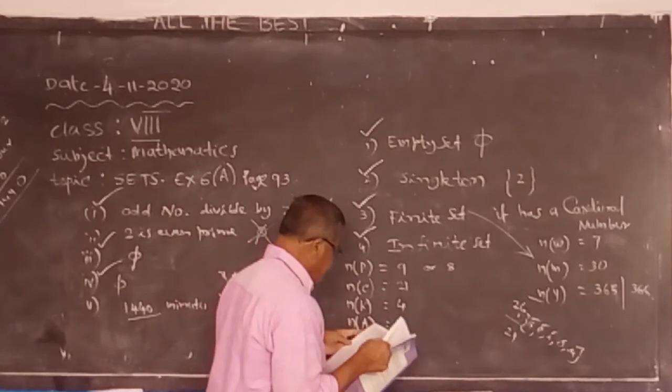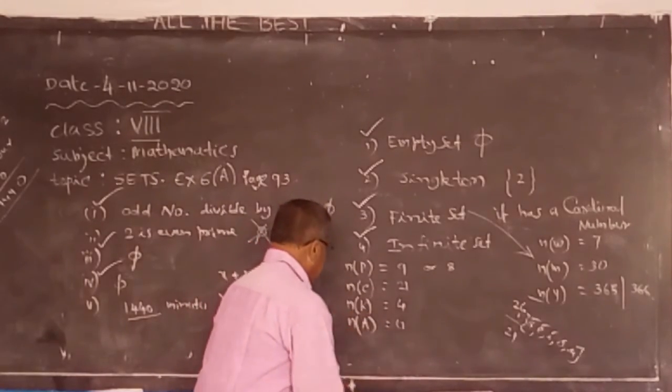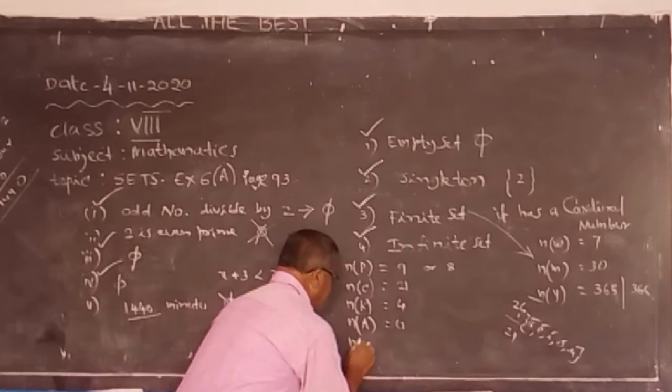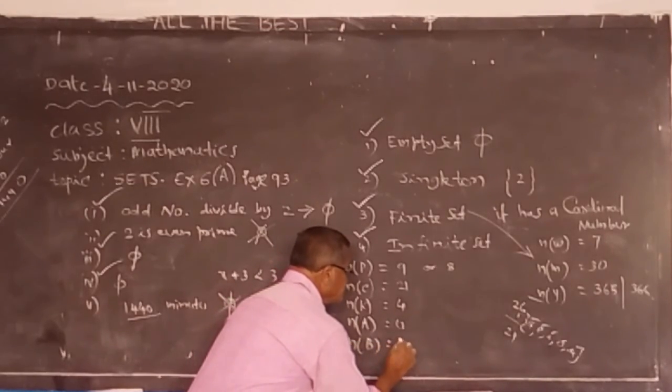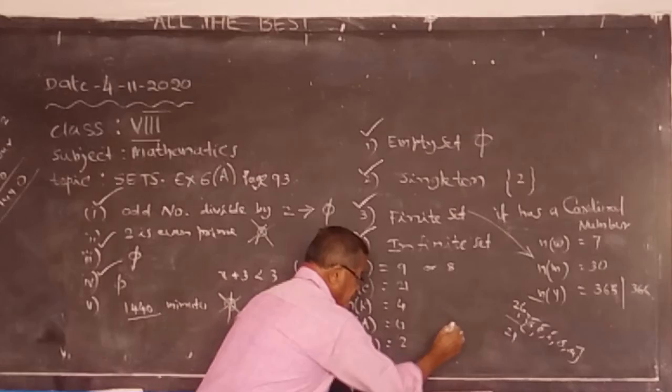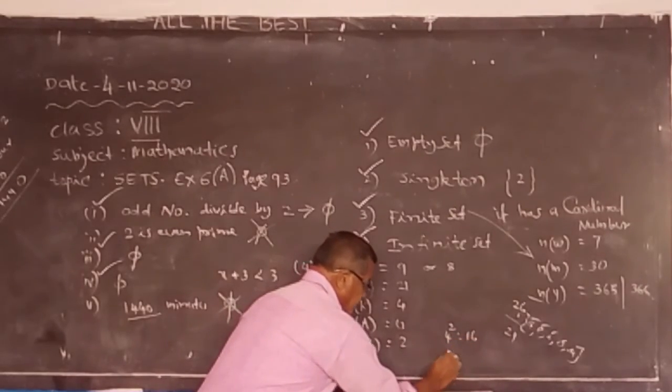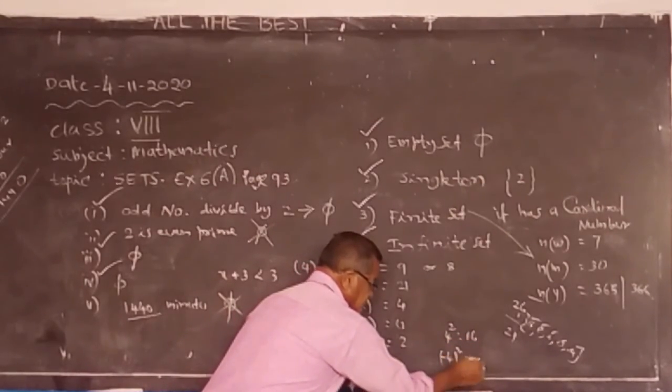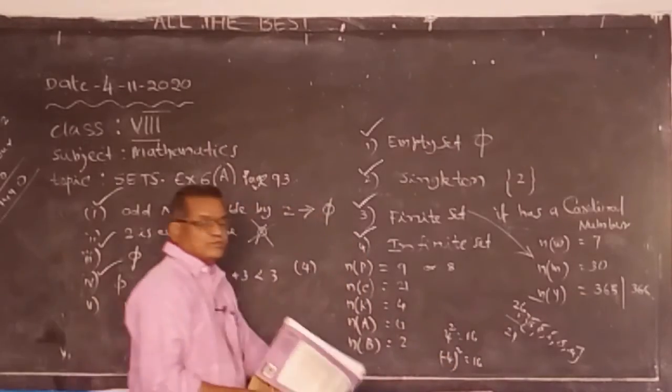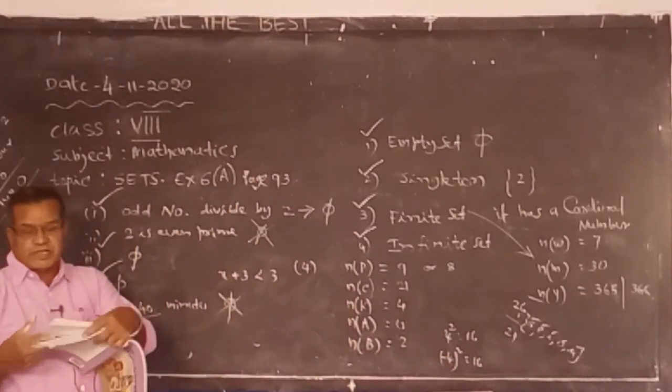So this is B, and n of B is 2. Why 2? 4 squared is 16 and minus 4 squared is also 16. There are 2 elements, 4 and minus 4.